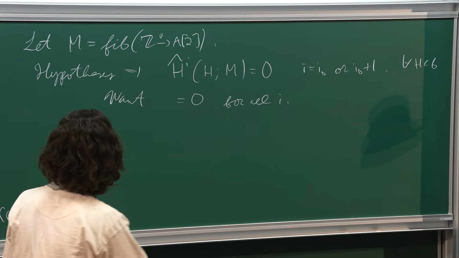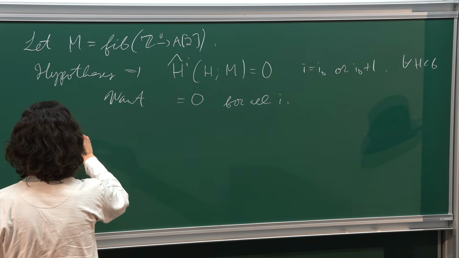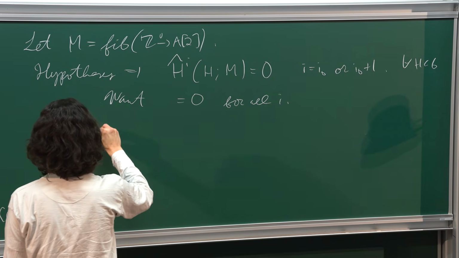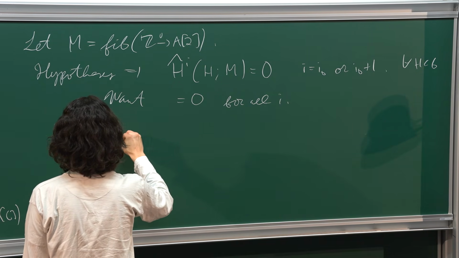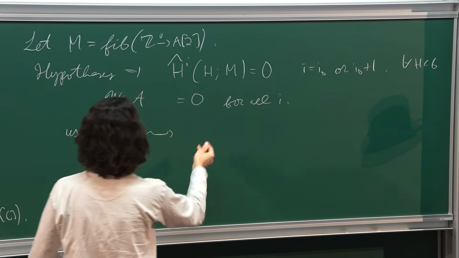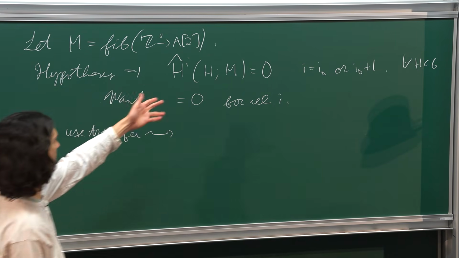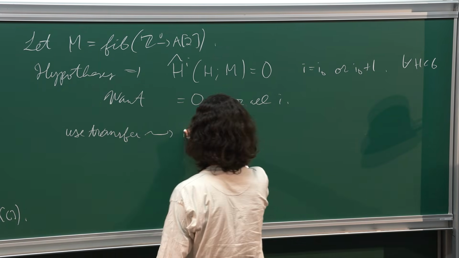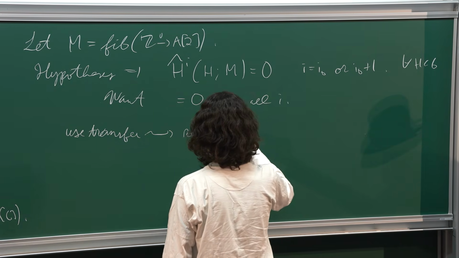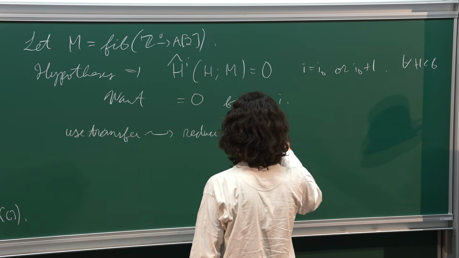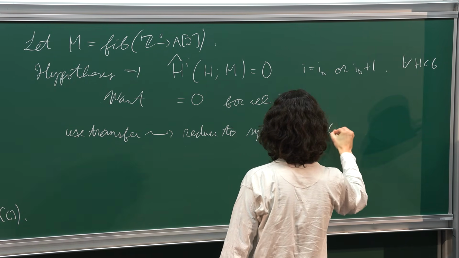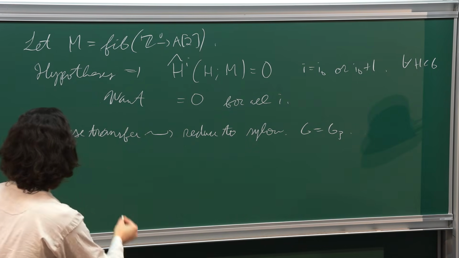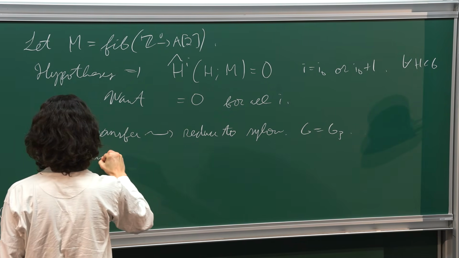Okay. So there are some standard reductions. Use the transfer maps. You can localize at a prime and then use transfer maps to reduce to the Sylow subgroup. So you can assume that you have a p-group and then use the standard induction on the order.